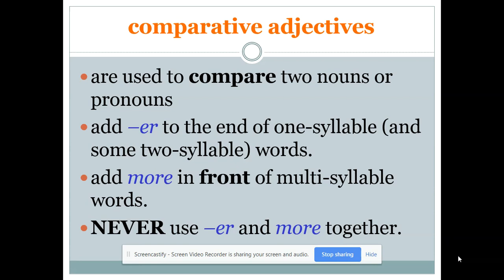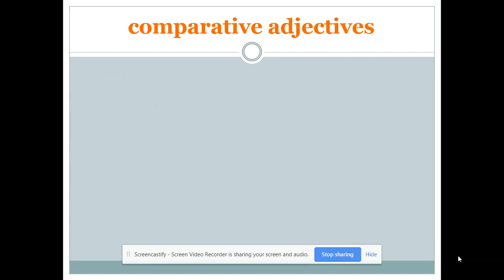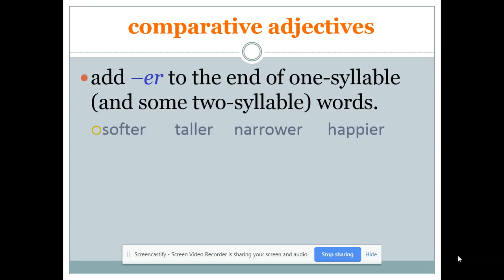In standard English, you should never use those two forms together. You can get away with it in everyday speech, in slang, or if you're Shakespeare, because in Shakespeare's time it was acceptable to combine them. But in modern English, it's considered non-standard, kind of bad form.